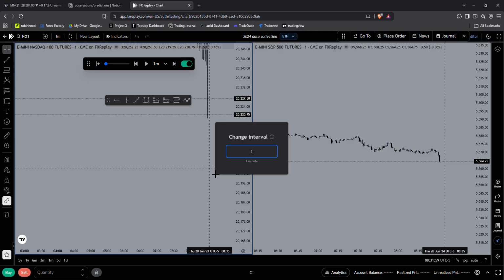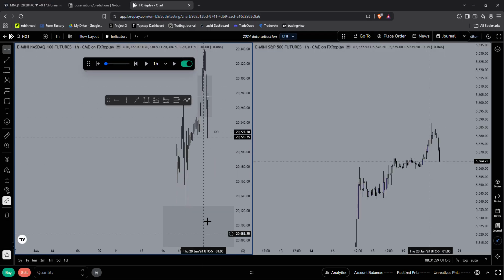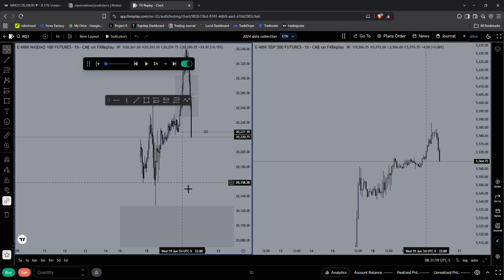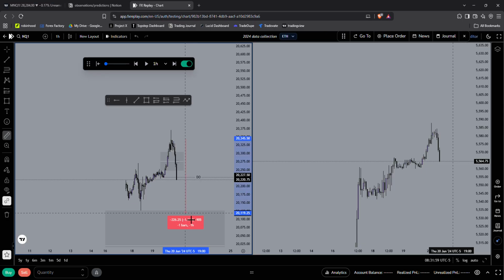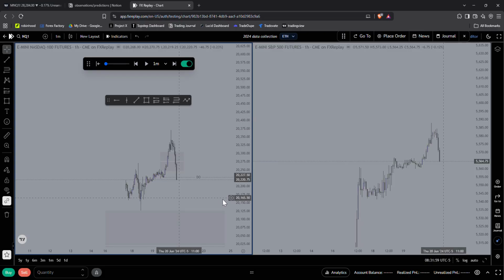Let me mark that new day opening gap real quick. Oh, it's marked out. Shit. Hold on. How far is it? Hold on. 200 points. That's 100 points. That's doable. That's totally doable.